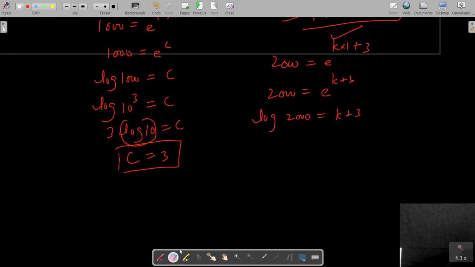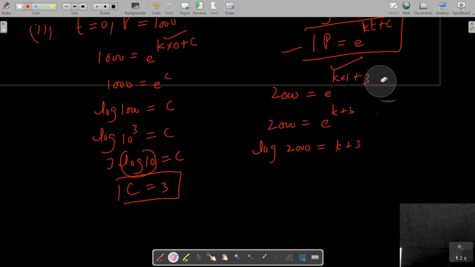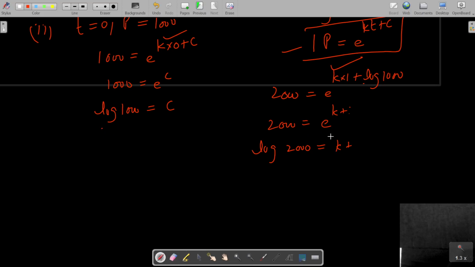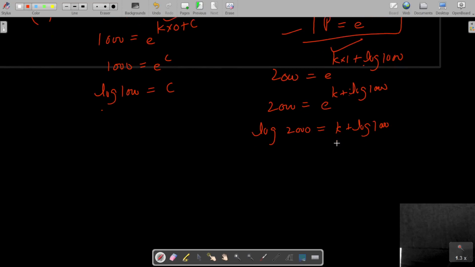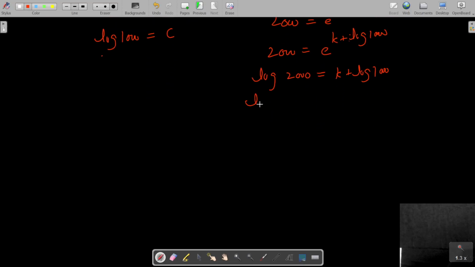Let me use the value of c as log 1000, so it's easier here. Now this becomes log 2000 minus log 1000 is equal to k.